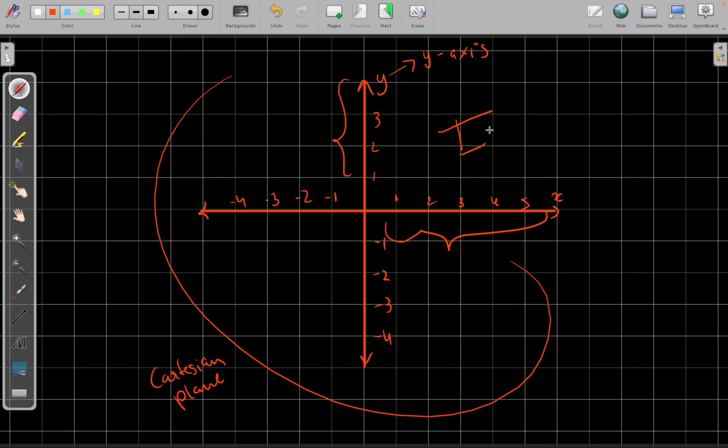This is the first quadrant. Second quadrant. Third quadrant. And fourth quadrant.